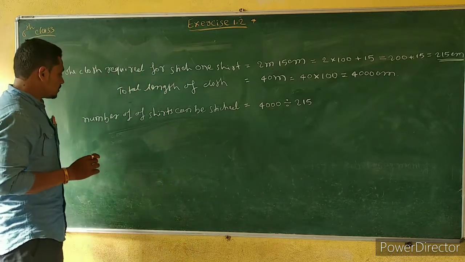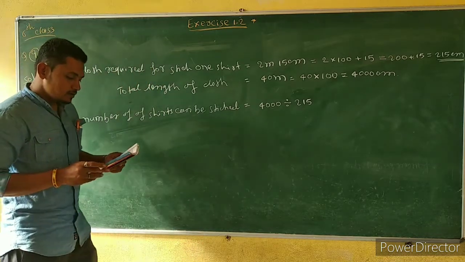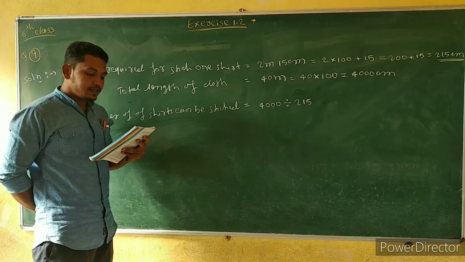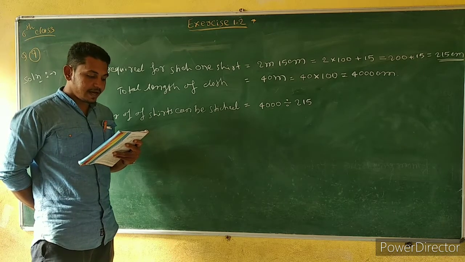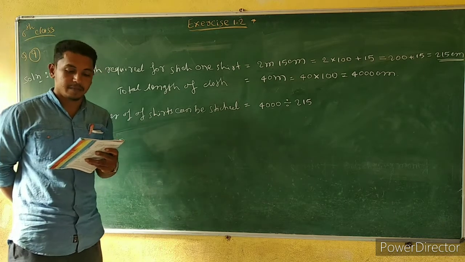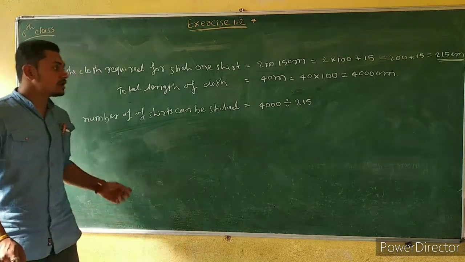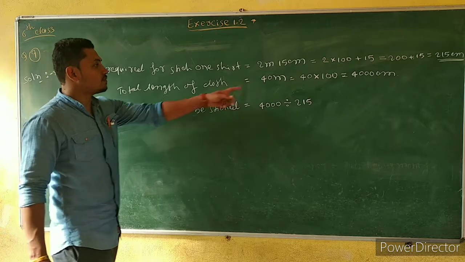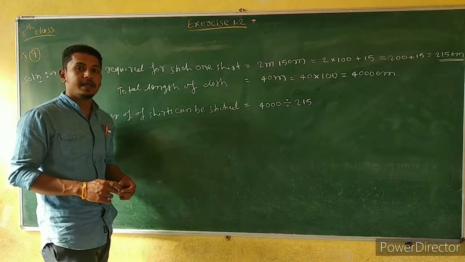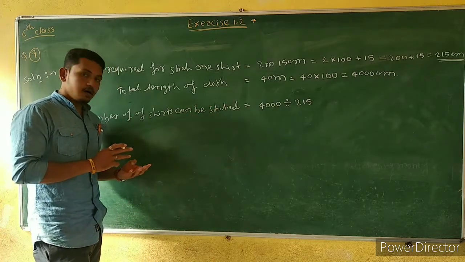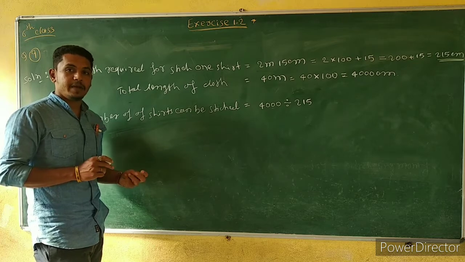The next question is, how many shirts can be stitched and how much cloth will remain? They ask how many shirts can be stitched from the 40 meter length and how much cloth will remain.